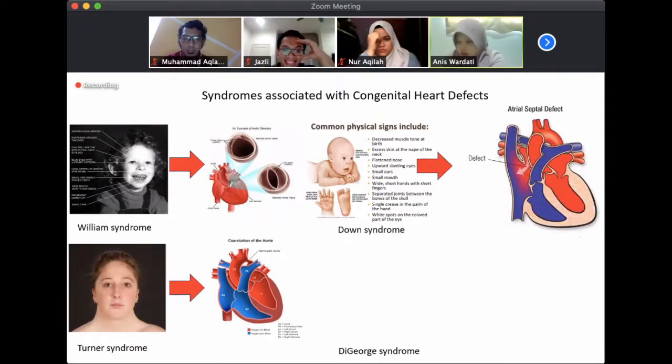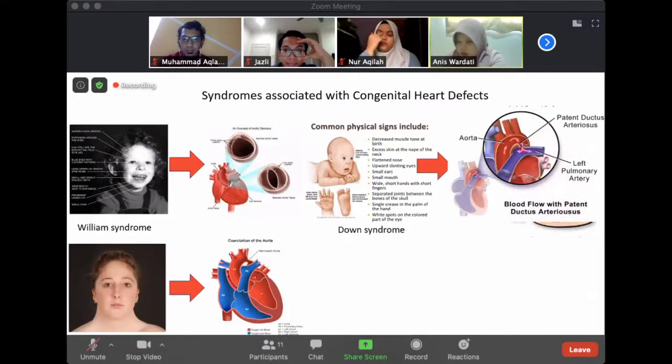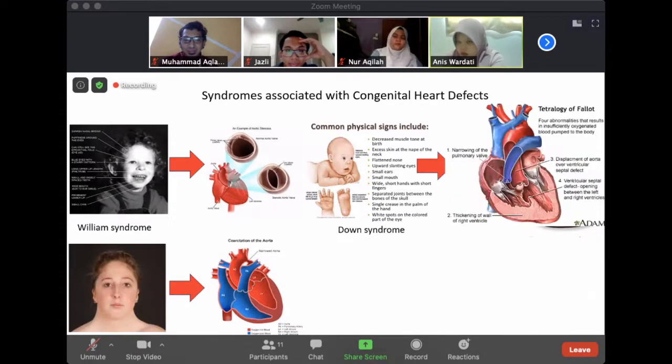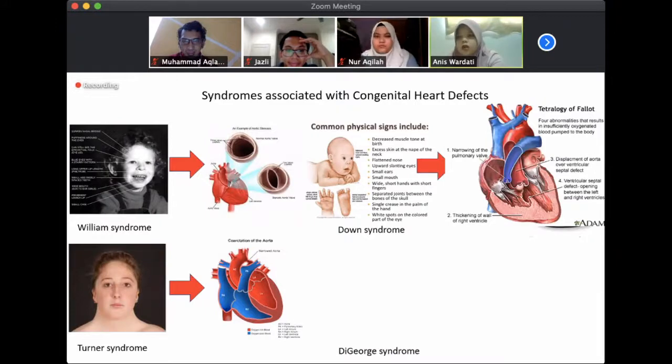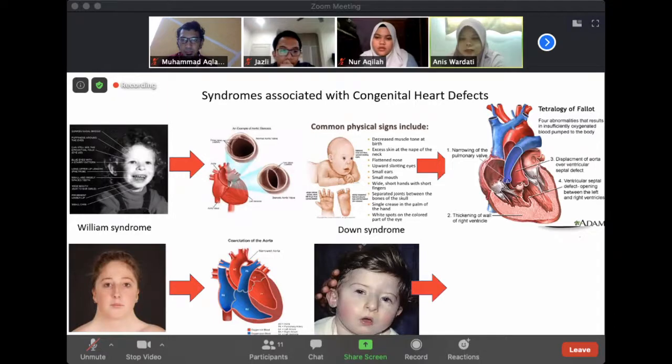Other than that, they can also have patent ductus arteriosus, and the less common is tetralogy of Fallot. Okay, so that is for Down syndrome. Any questions? Does the doctor want to add anything about Down syndrome?